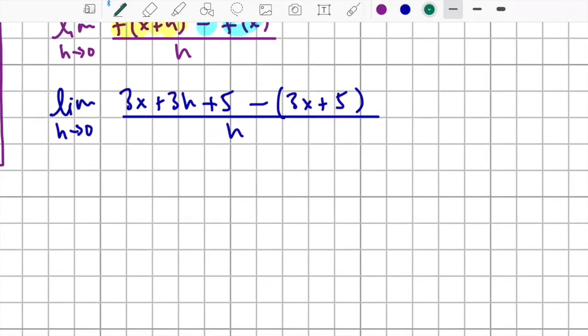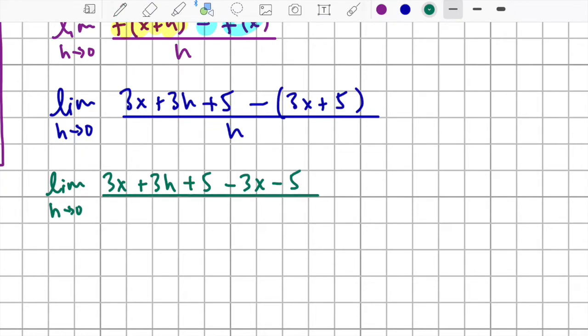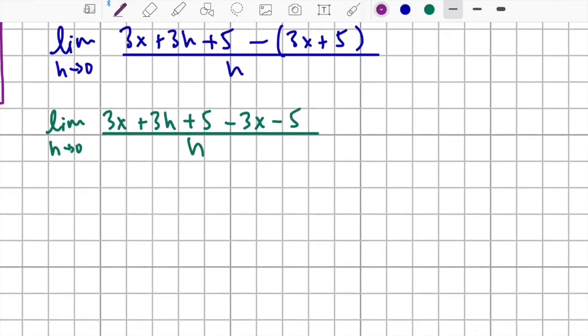Next step. Distribute the negative. So it's limit as h approaches 0, 3x plus 3h plus 5. Distribute the negative, minus 3x minus 5. All of that divided by h.